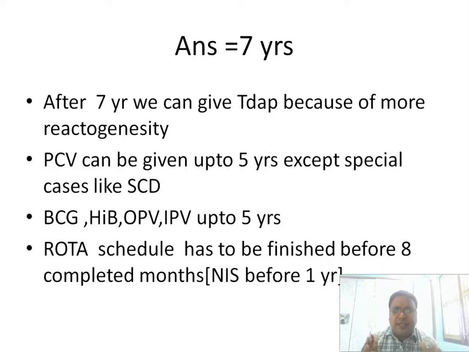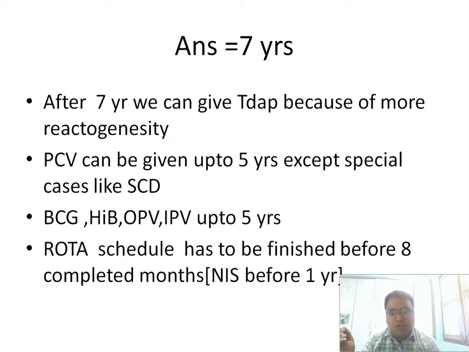As per IAP, it can be given up to 5 years, but as per NIS, up to 1 year. Similarly, rota schedule has to be finished before 8 completed months as per IAP. But as per NIS, the schedule has to be completed before 1 year. So relaxation is there in NIS up to 1 year, but in IAP, before completion of 8 months, we have to complete the rota schedule.